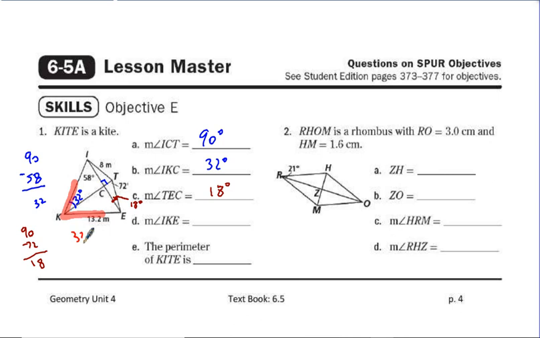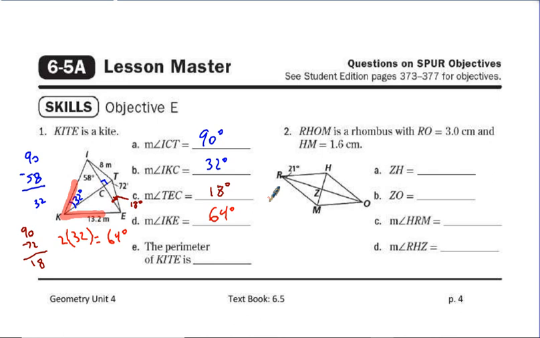So 32 plus 32, or 32 times 2, is going to equal 64 degrees for the measure of angle IKE.